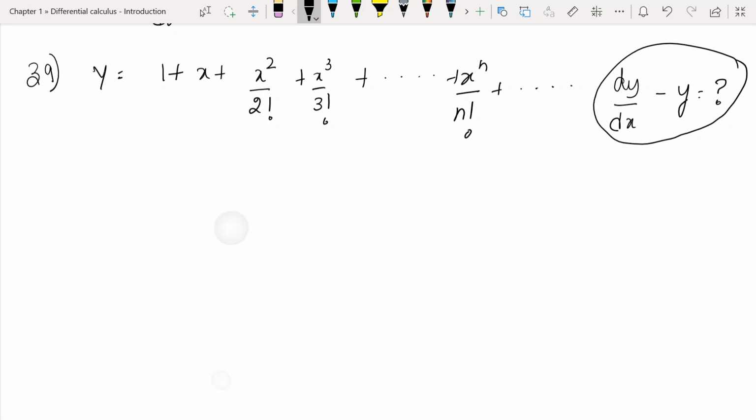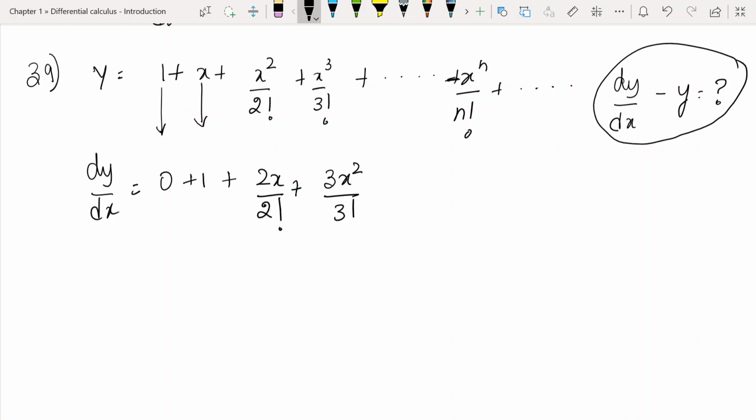So now what we will do is, let us differentiate both the sides. dy by dx is equal to, differentiation of 1 is 0, x is 1, x square is 2x by 2 factorial, 3x square by 3 factorial. Now fourth term would be x power 4 by 4 factorial.